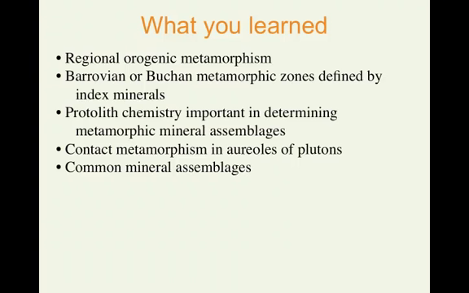It's simply the appearance of a new phase that is defining that increase in grade. The protolith chemistry is important in determining the assemblage that you're getting in the metamorphic rock that results. And the contact metamorphism is taking place in the aureoles of plutons, so the area immediately surrounding the plutons. And we talked a little bit about the mineral assemblages and how the protolith chemistry is affecting that.